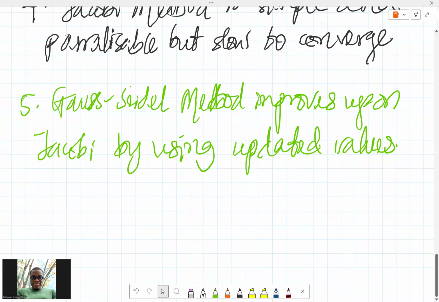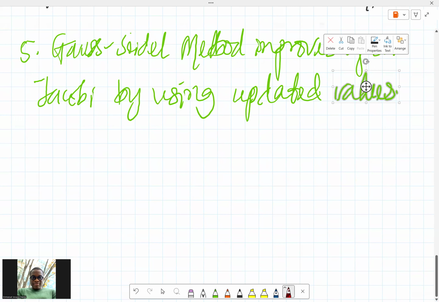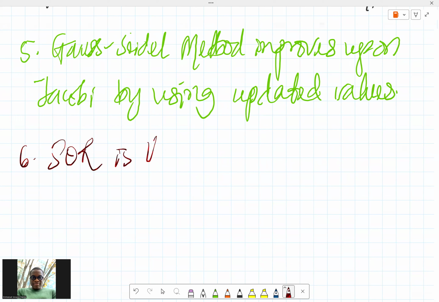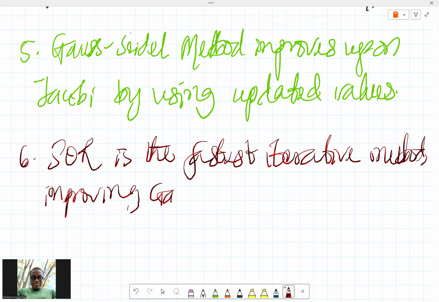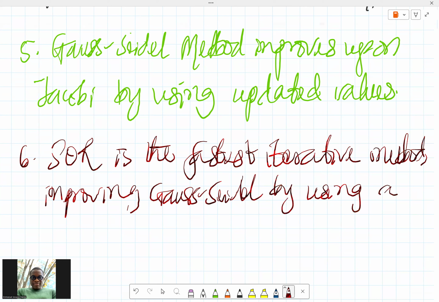And number six, successive over-relaxation is the fastest iterative method, but there's a condition. It's the fastest iterative method, improving Gauss-Seidel by using a relaxation factor.